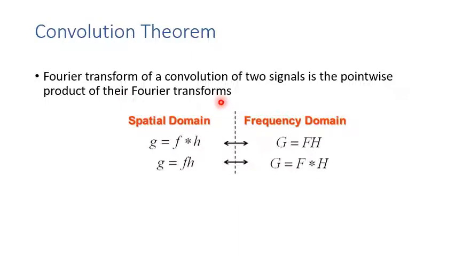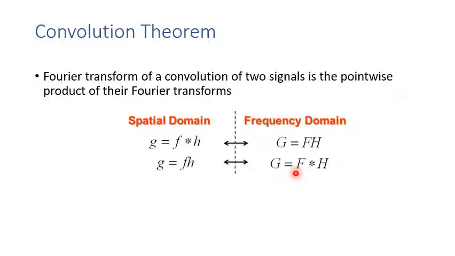In other words, the convolution of two signals, suppose f and h, in one domain, spatial domain for images, or time domain for time series signals, after Fourier transform will become the product of their Fourier transforms in another domain, usually the frequency domain, and vice versa.